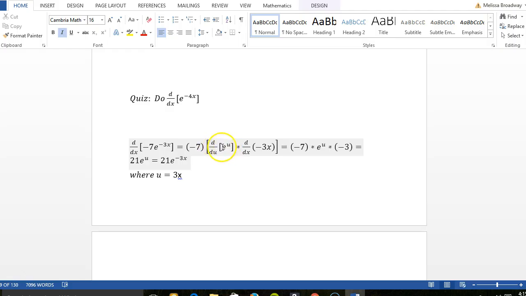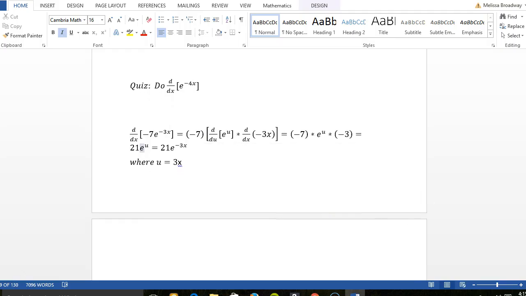So you do the chain rule here like before. So you get negative 7 times, now, by associativity, I can just drop those brackets, e to the u times negative 3. And that's going to be, now negative 7 times negative 3 is positive 21. And we get times e to the u. But you got to replace u. You always need to replace u back in terms of x when you're done, guys, okay? So you get 21 e to the negative 3x.